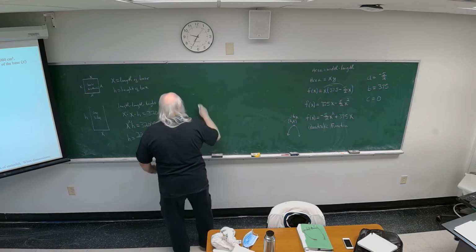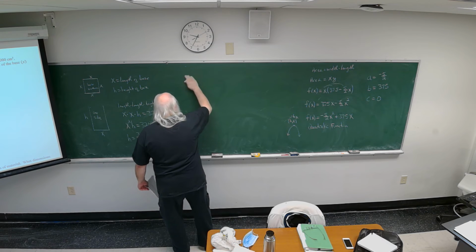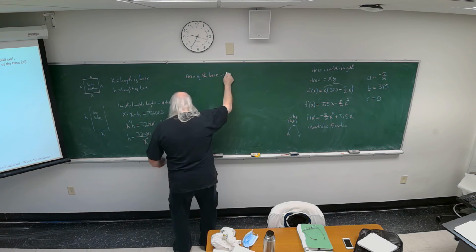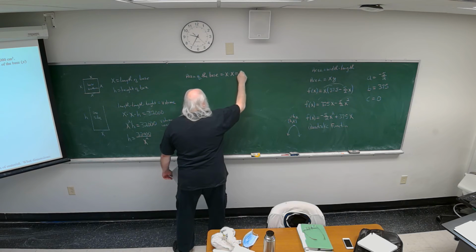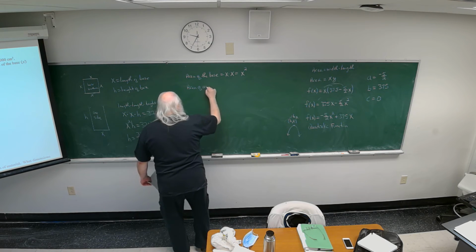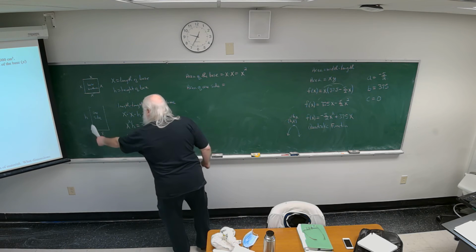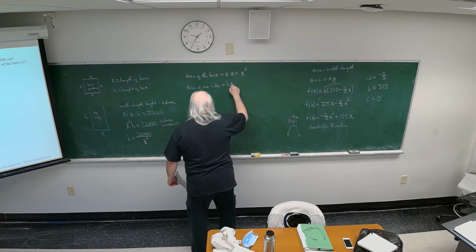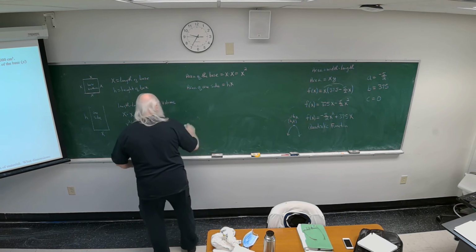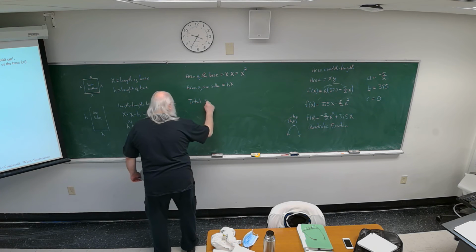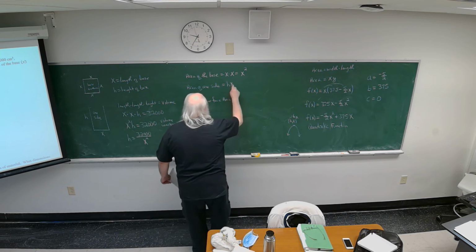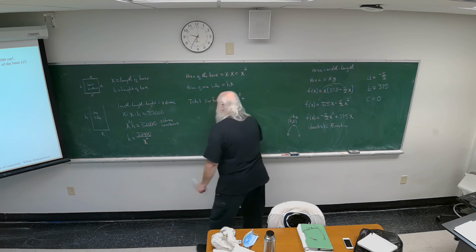Now, the area of the base or the bottom of the box is x times x, which is x squared, and the area of one side of the box is h times x, and the total area, what we may call the total surface area, is the area of the bottom of the box plus the area of the four sides of the box.